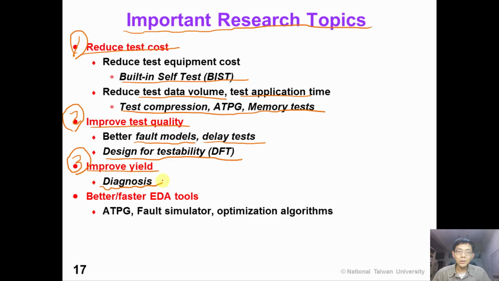If we can diagnose defective IC successfully, then we can obtain valuable information to improve our yield. And last but not the least, we can do research to improve the quality or runtime of EDA tools.